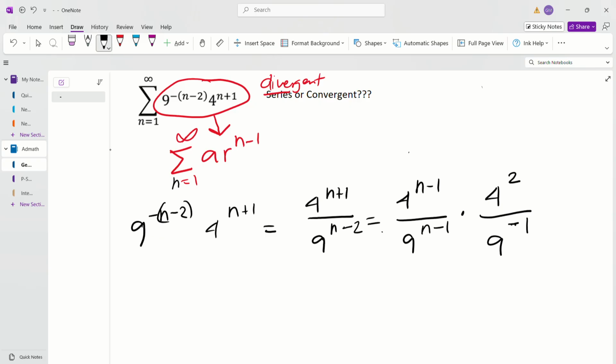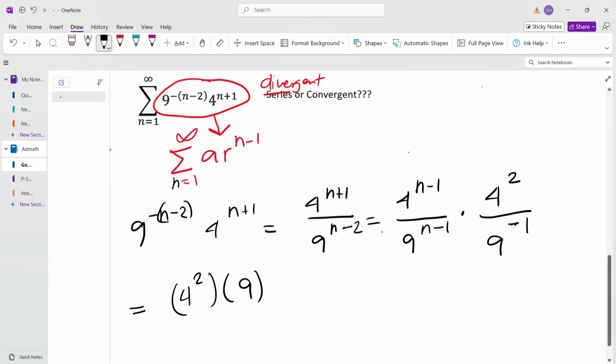Next, let me write here, so we have 4 raised to n, and we just simplify this. So we have 4 squared times 9.